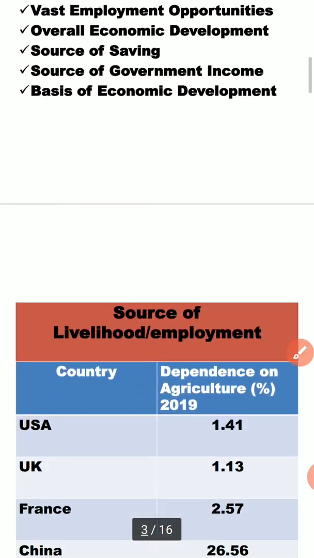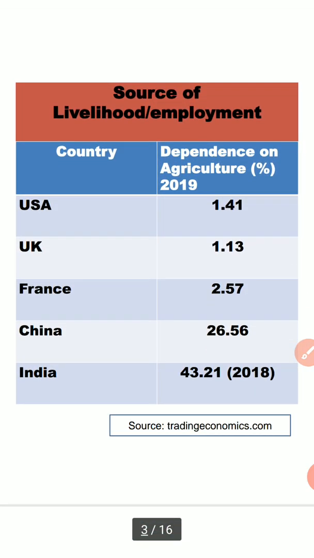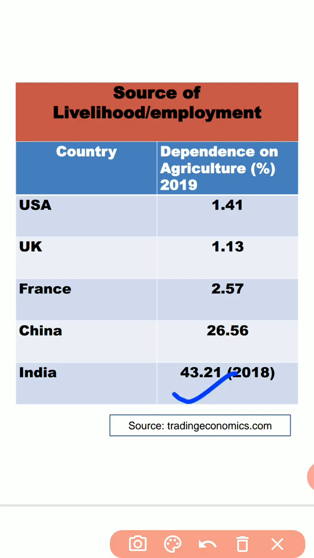So, let us see the first point, source of livelihood and employment. If you see here in the slide, the agriculture sector provides employment to 43.21% of people in India, whereas in China it provides 26.56%, whereas in developed countries like USA, UK, and France, this dependence on agriculture is less than 3%.